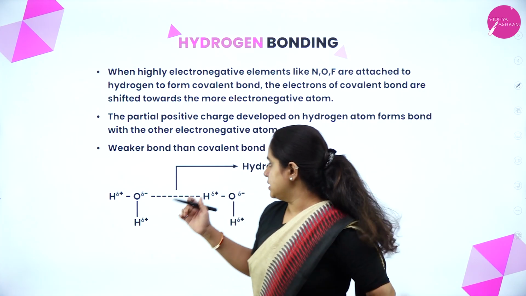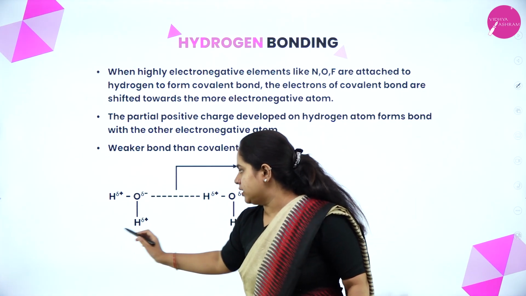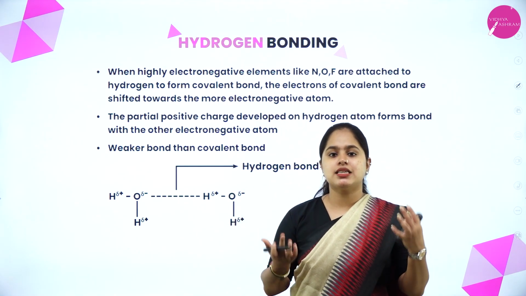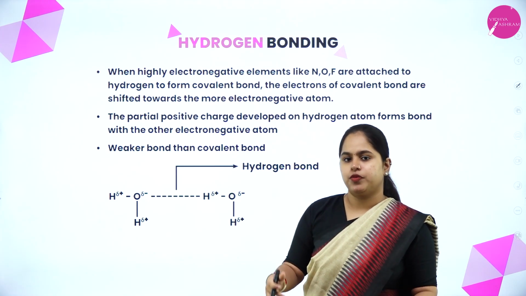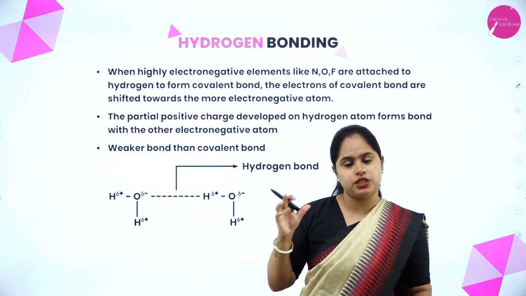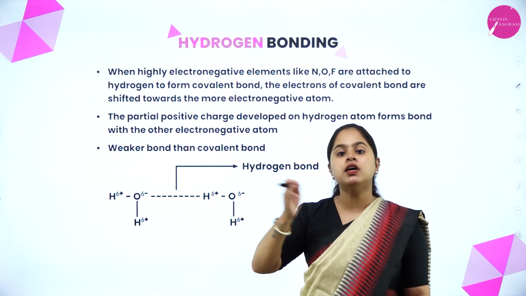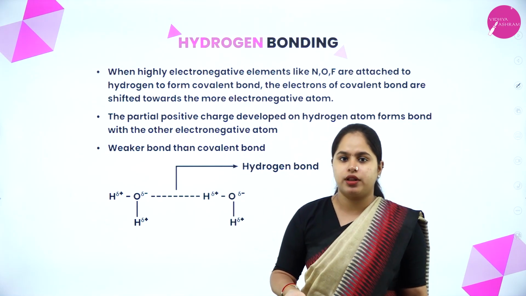As you can see here, in the case of the water molecule, there is one H2O here and one H2O here. There is an electronegativity difference between the hydrogen and the oxygen atom. The shared pair of electrons in the covalent bond between hydrogen and oxygen is attracted towards the more electronegative atom.